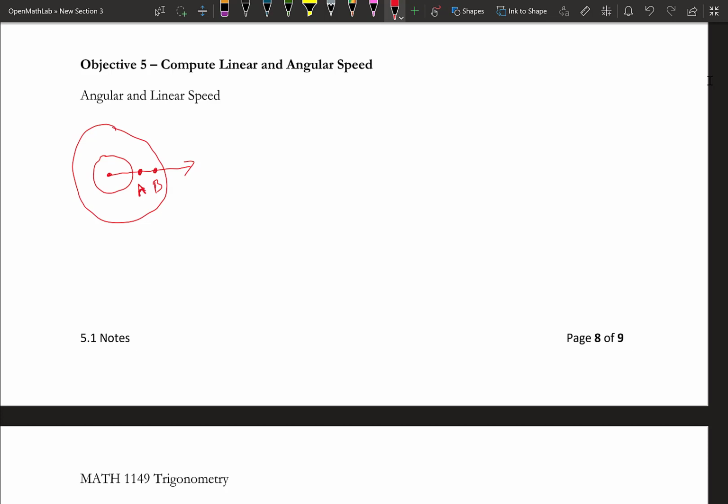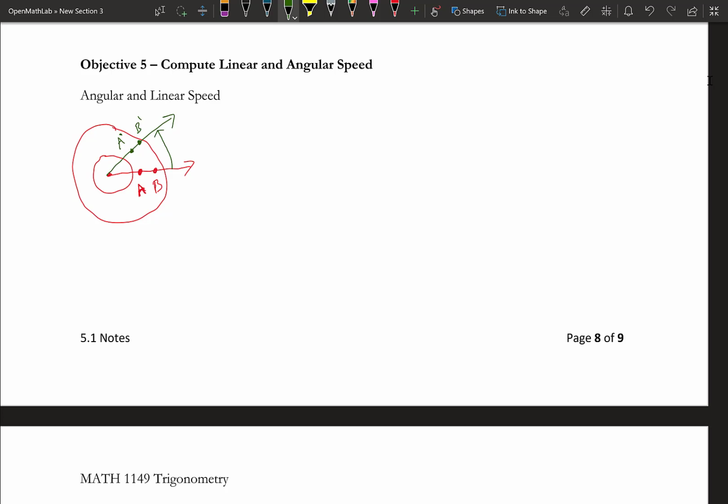Right? So then let's say the tire is going to move after, I don't know, 15 seconds or something, right? We'll have some time that goes by, the tire will move, and so now the new position of A is up here. So we'll call this A prime, and the new spot of where B would be here, B prime, right? So in other words, we had a rotation, the tire rotated in this direction, right?